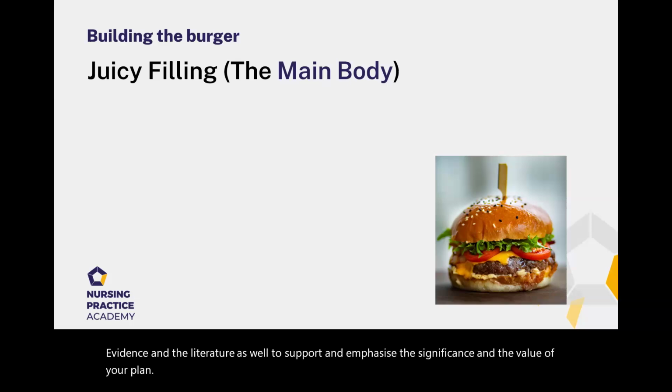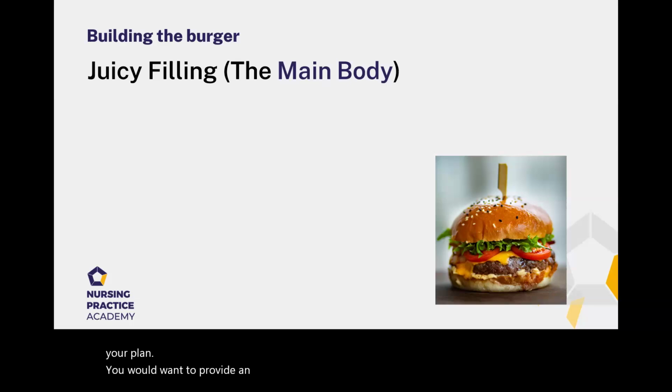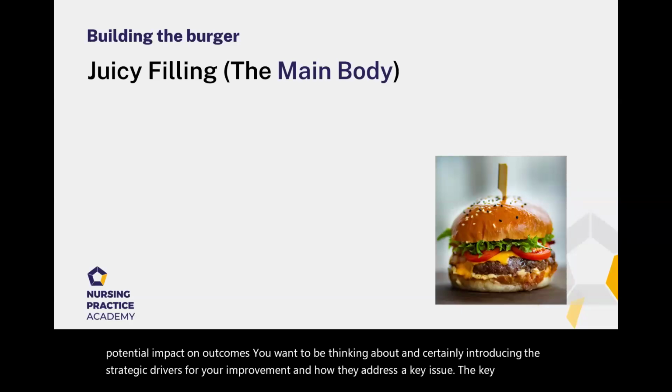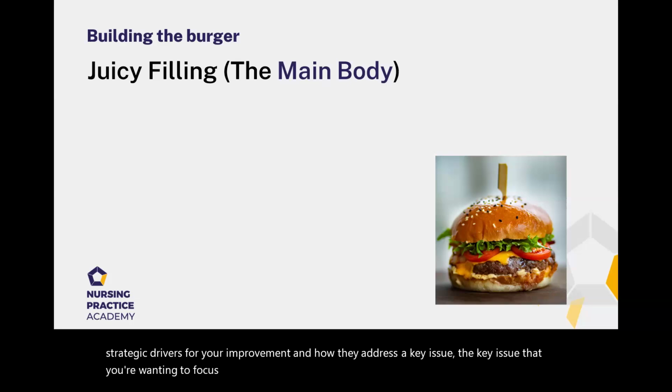You would want to provide an overview of the context, the relevance, and the potential impact on outcomes. You want to introduce the strategic drivers for your improvement and how they address the key issue you want to focus on within your chosen area of infection control, and how that aligns to your organizational goals as well.